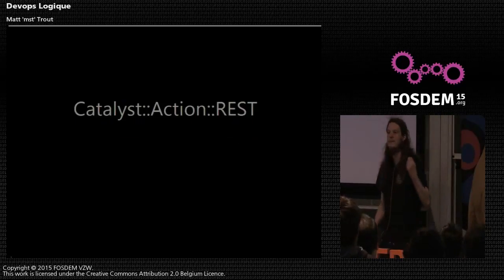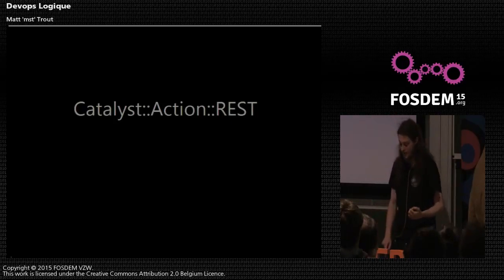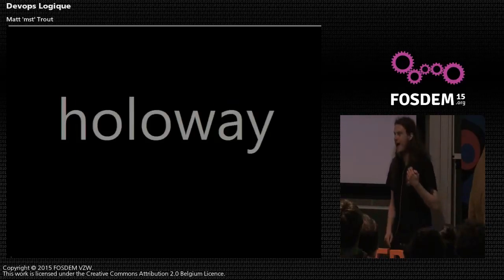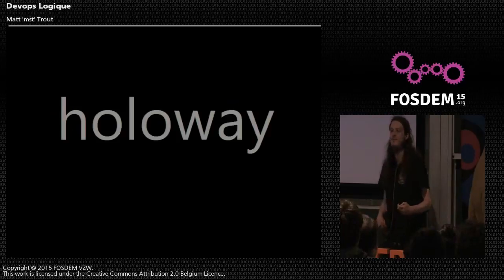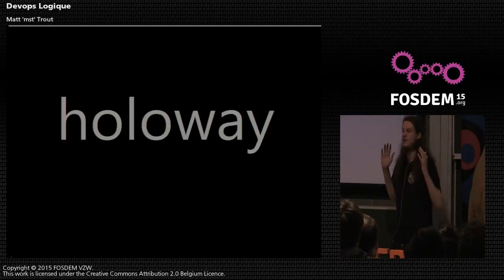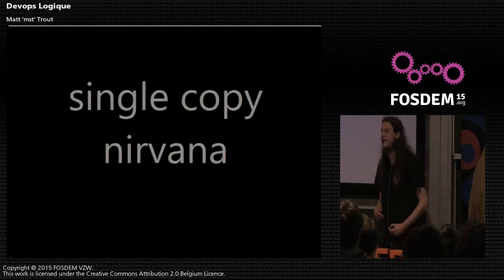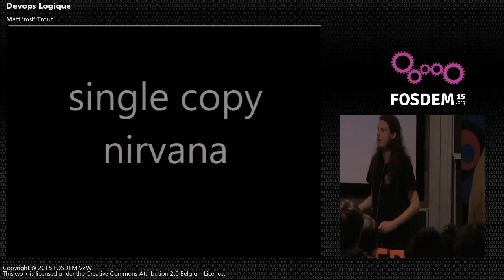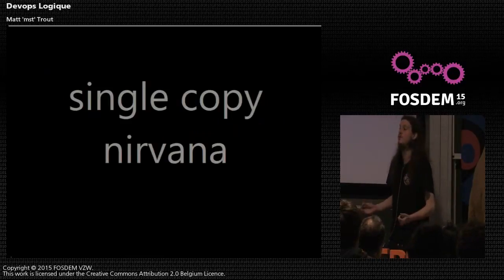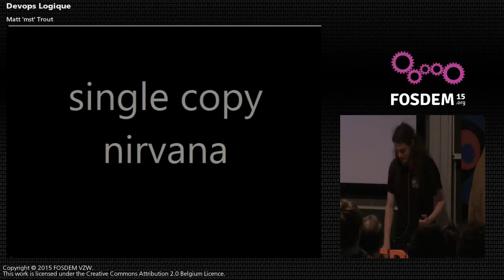So, oddly, Catalyst's main REST support was written by a guy called Holloway. And the reason he was writing it was to build a configuration management system inside a finance company he was working at. His goal being what he referred to as single copy nirvana, which was basically the idea of a single point of truth for all of his systems configurations.